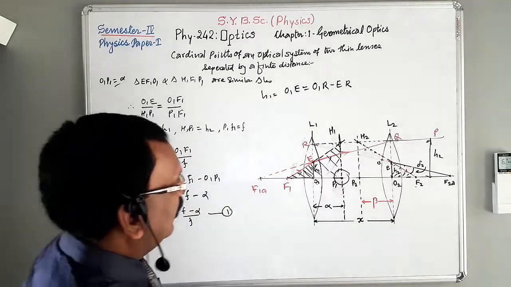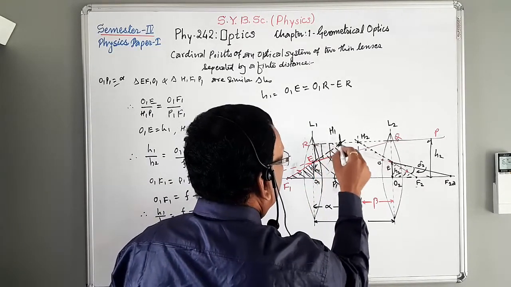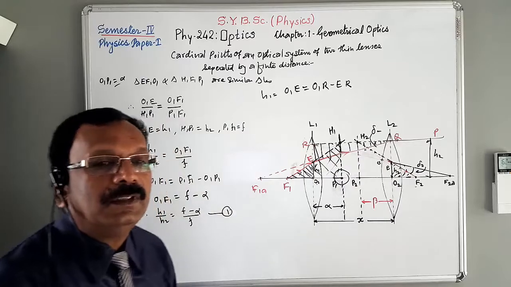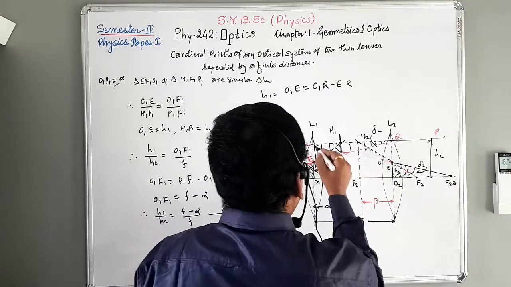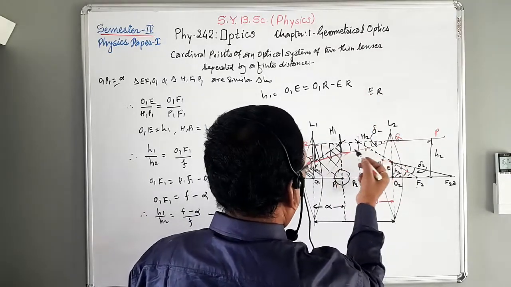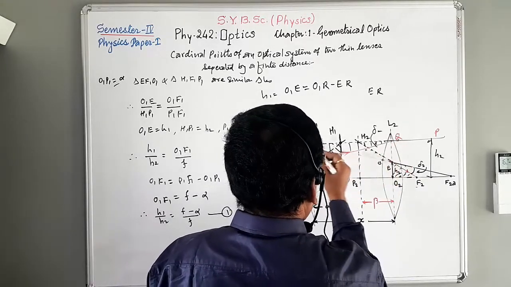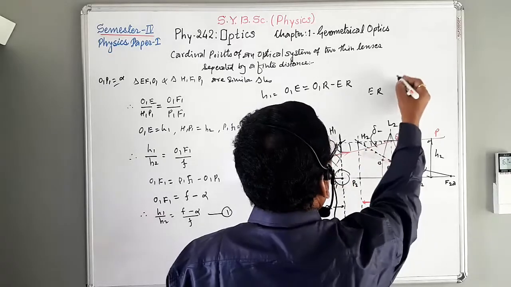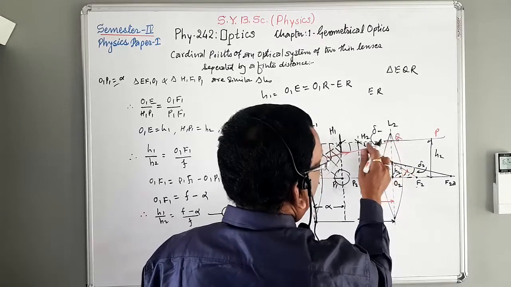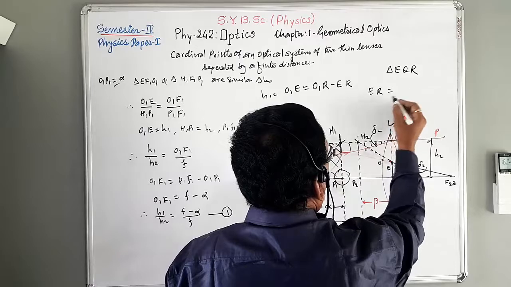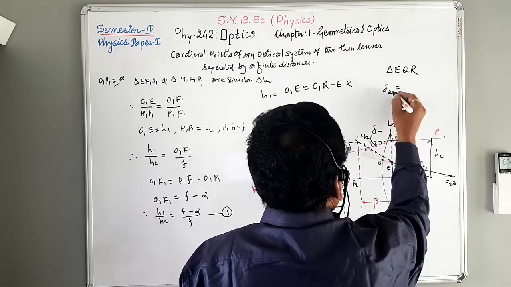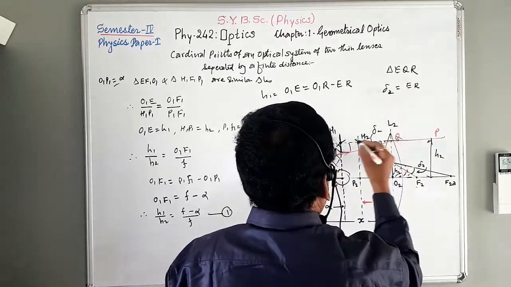But see here, this triangle, delta 2. When we consider the triangle EQR, where the angle at Q is delta 2, delta 2 is equal to the front side ER upon the adjacent side.